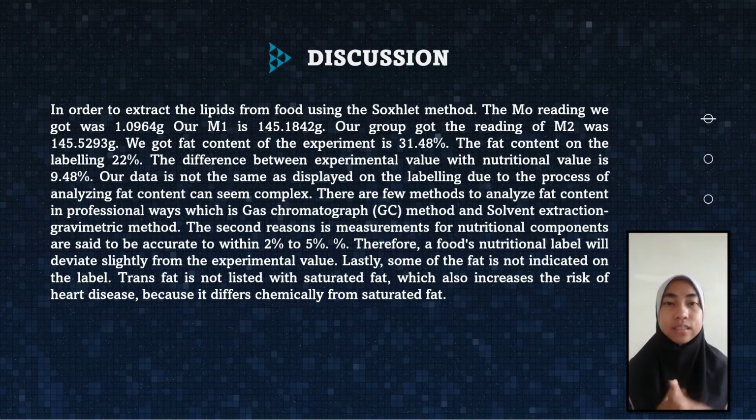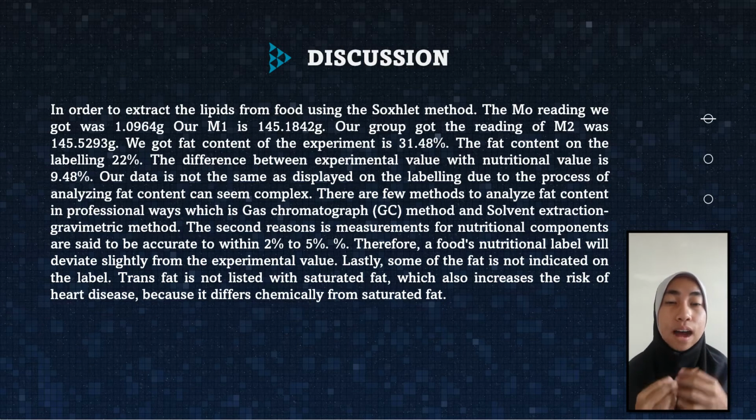Normally this extraction process takes many hours, maybe 6 or 24 hours. Then the solvent is evaporated when the extraction is finished, and the mass of lipid that is left over is quantified and used for analysis.